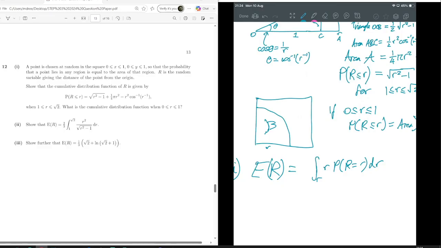So I do need what's called the PDF, the probability density function, not the cumulative distribution function.